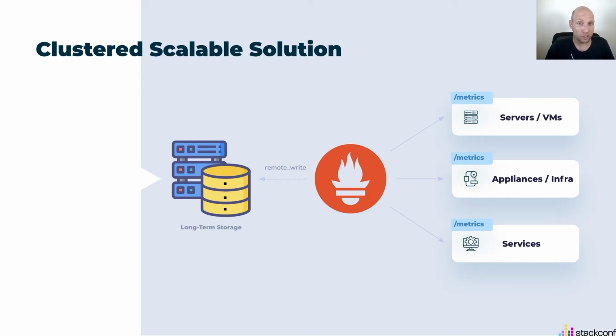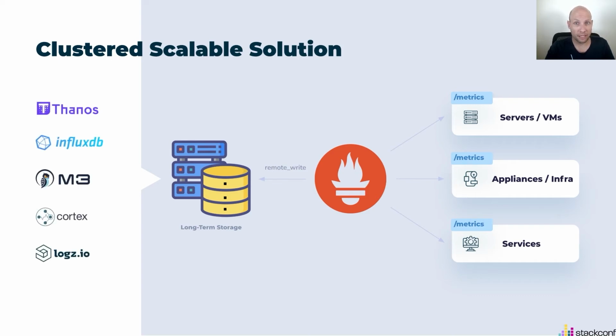And there are quite a few other time series databases that can serve as long-term storage for Prometheus, offering compatibility with Prometheus APIs, of course, and with the PromQL query language. So you can query across the Prometheus instances and the long-term storage uniformly.